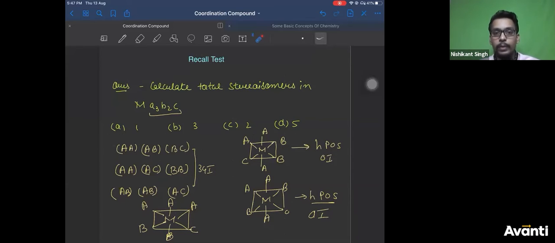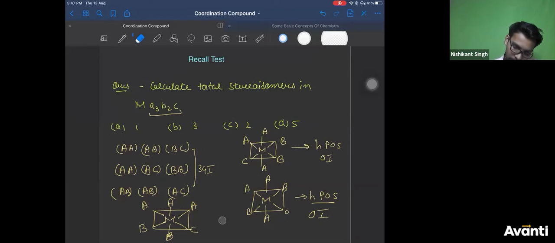Yes, there will be a plane of symmetry. The only thing is, we have to draw it in a different way. These transpositions, we have to draw in a different way.